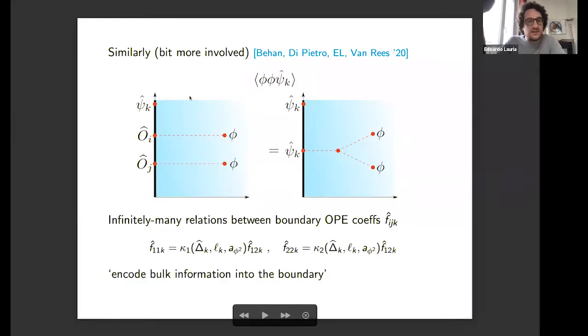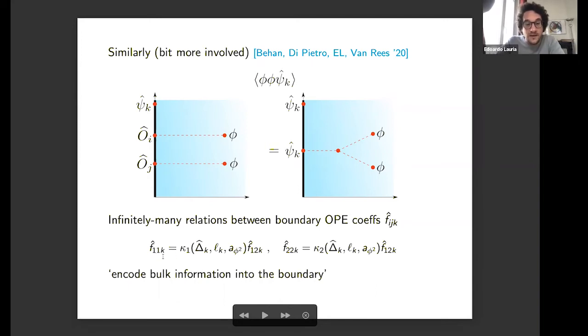So these are all independent for a generic CFT, but the important consequence of this equation is that, in fact, all of these OPE coefficients have to be related to each other. They have to be proportional in a very specific way.